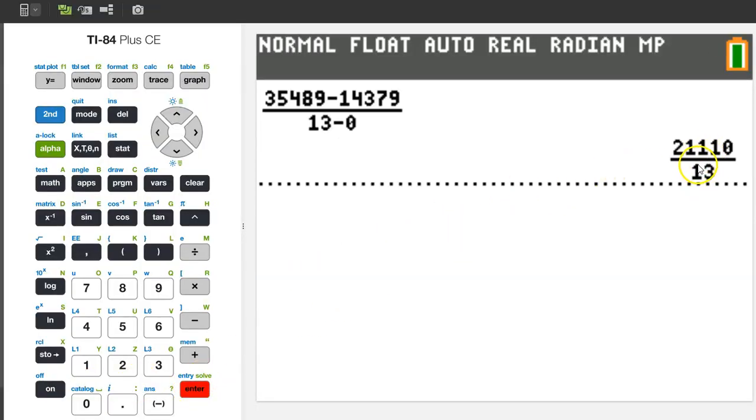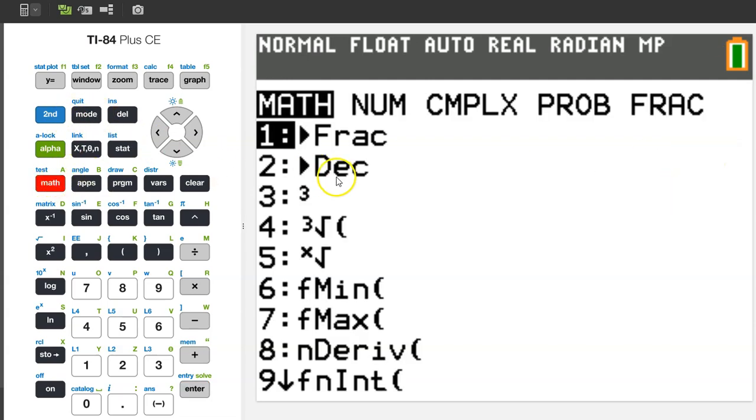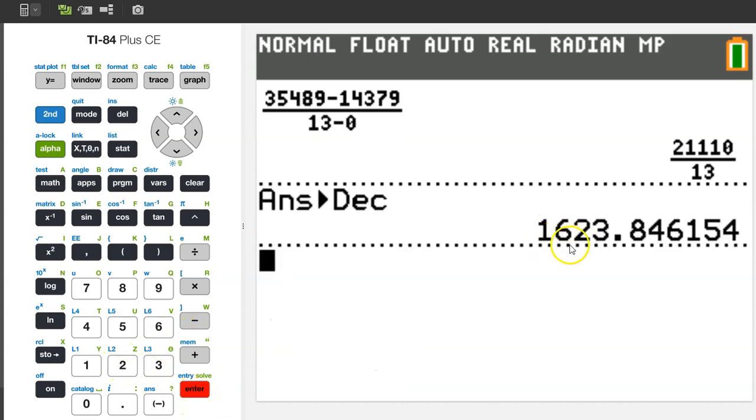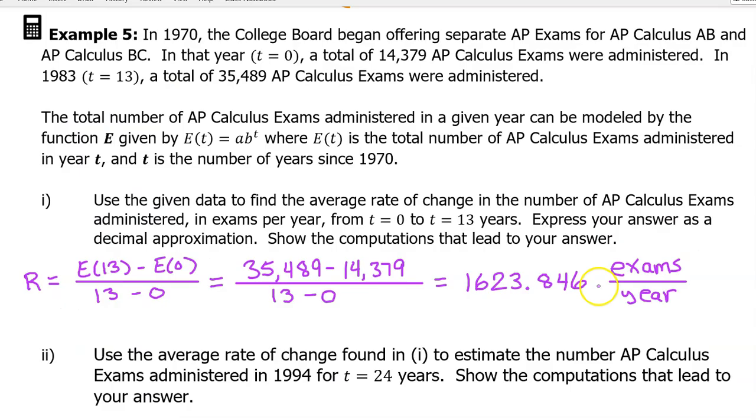Uh-oh, we got a fraction. Let's convert this into a decimal by hitting Math and then choosing option 2. So here we go, 1,623.846. Don't forget the units, which are exams per year.